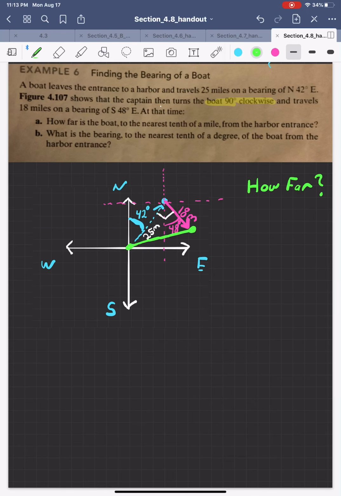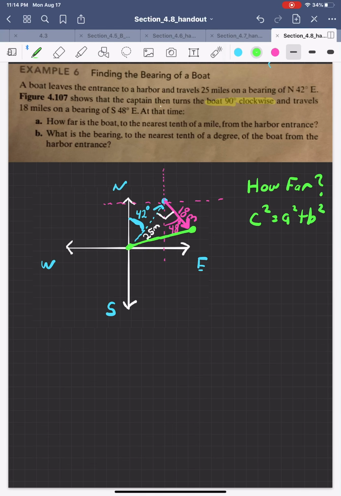Now, the good news is this, don't you agree with me that this is a right triangle? See your right angle here? And don't you agree with me, you know two sides. You know this side is 18. You know this side is 25. So, no problem. You can just use the Pythagorean theorem and you'll be able to figure out how far you are from the harbor. Ready?